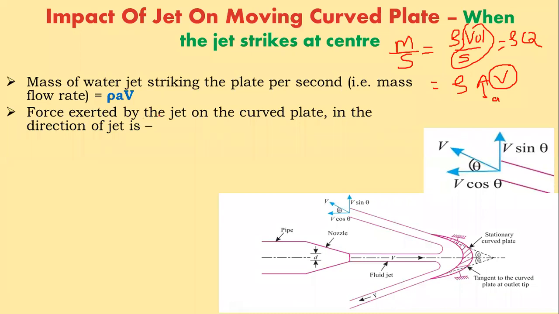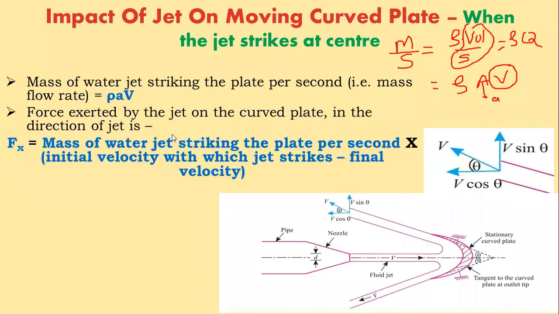Now, the force exerted by the jet on the curved plate in the direction of the jet, according to the impulse momentum principle, will be Fx equal to mass of water jet striking the plate per second, that is rho A V, into initial velocity with which the jet strikes minus final velocity.